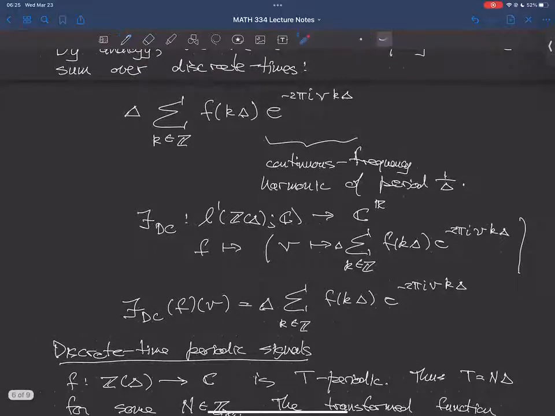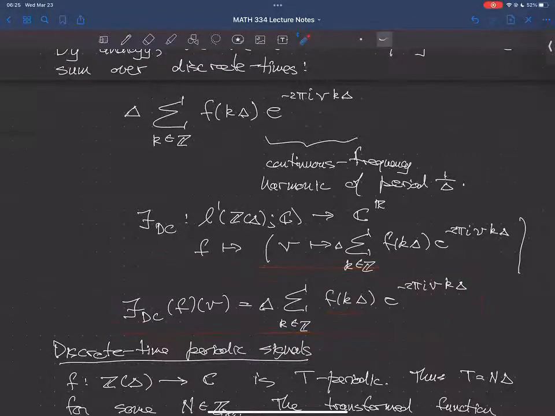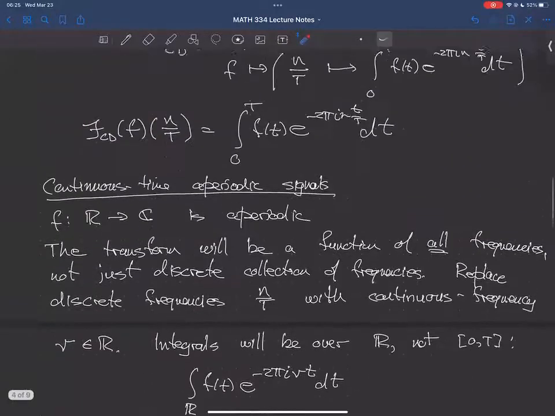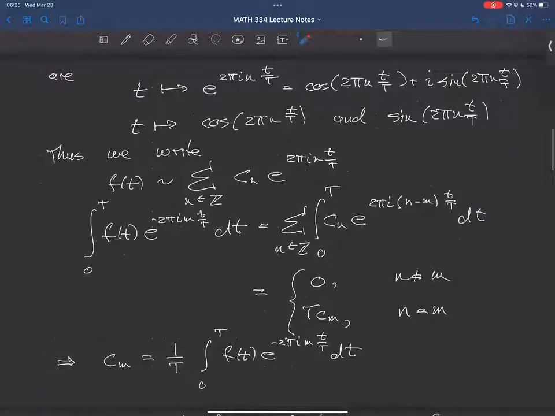I have this formula that defines the forward transform, okay? Now, how are you going to recover f from this formula? Well, you're going to do exactly the same calculation as I did up here, right? So I started with a formula which is exactly like this one, okay, except the roles of time and frequency are reversed, okay?